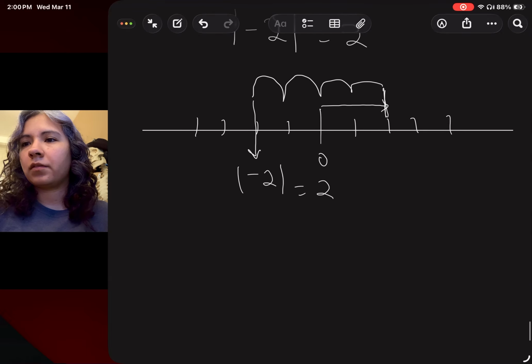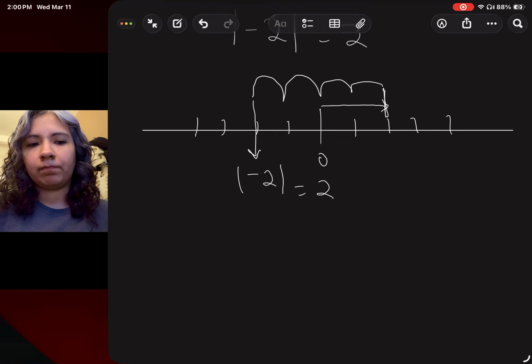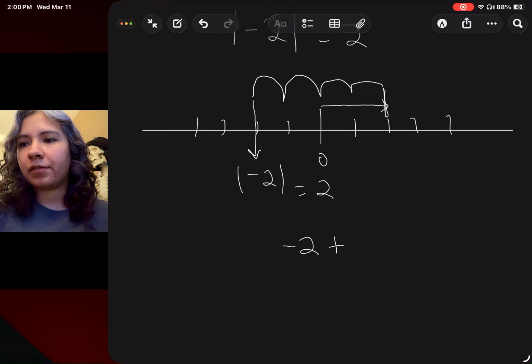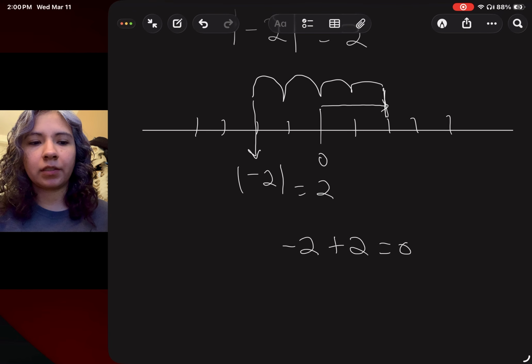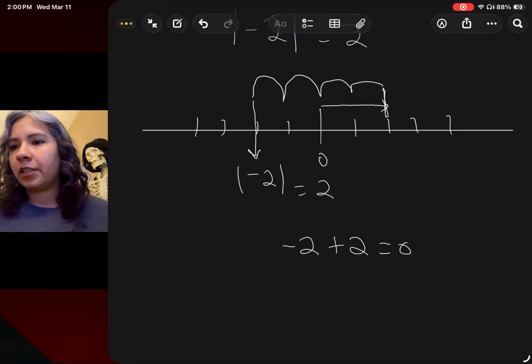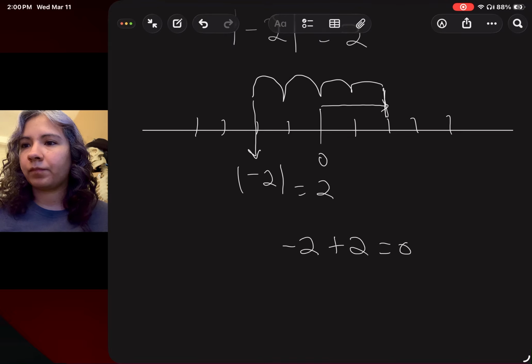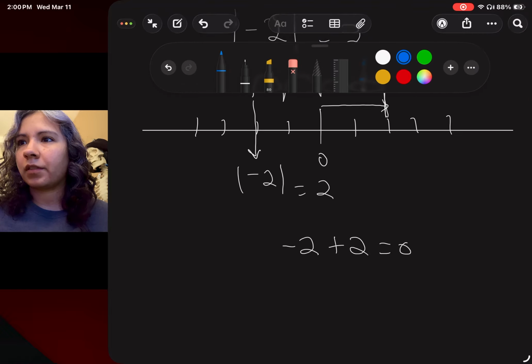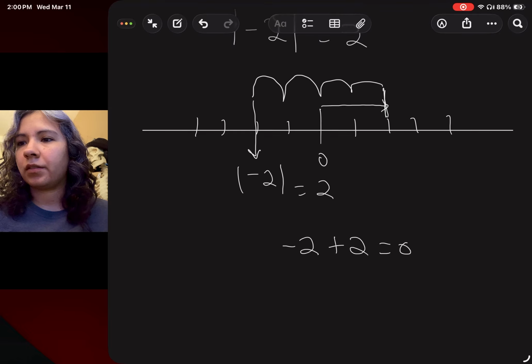So one thing to know is the opposite signs. So if you do -2 and add 2, these are opposite. It's always going to be 0 whenever you do the sum of opposite signs because, let's say you go -2, right?